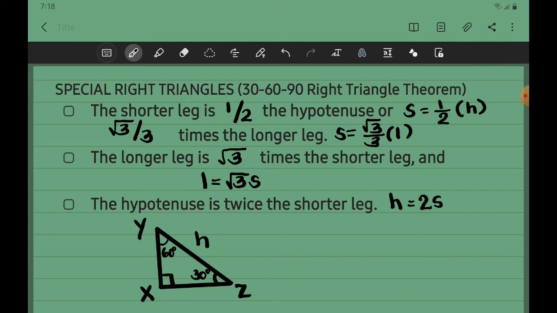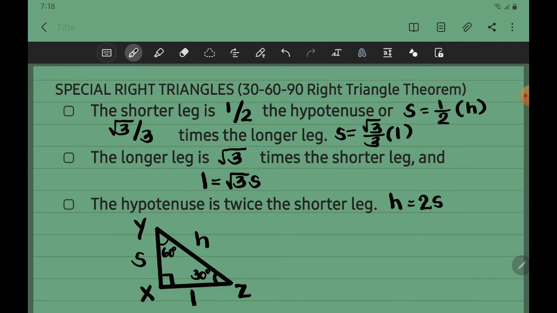And then yung katapat ng 30 degrees, yung pinakamababang angle, which is 30 degrees, yun yung ating shorter leg. So that will be our S.